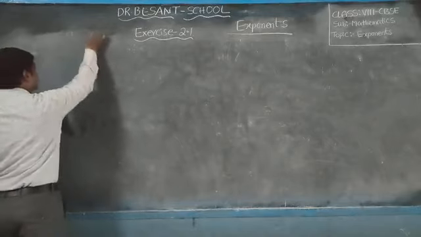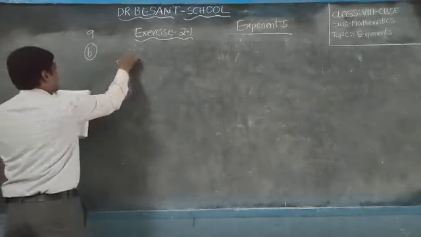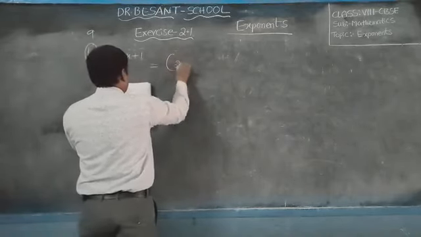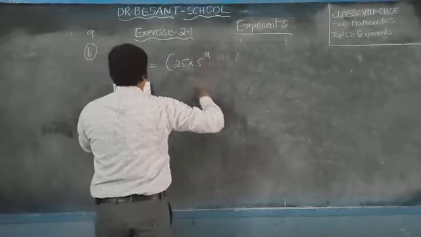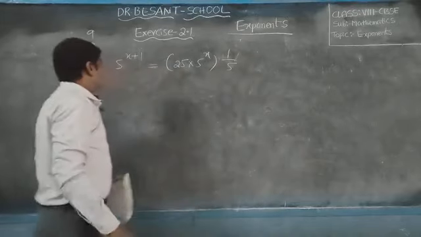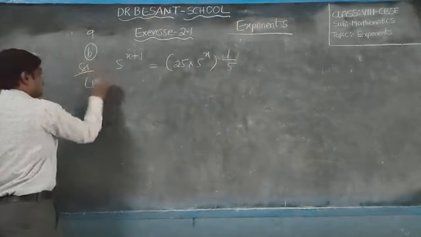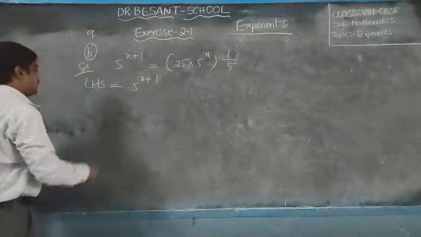B: 5 power x plus 1 is equal to 25 into 5 power x into 1 by 5. Next, solution. LHS is equal to 5 power x plus 1.